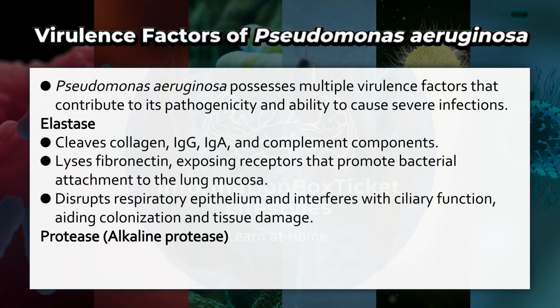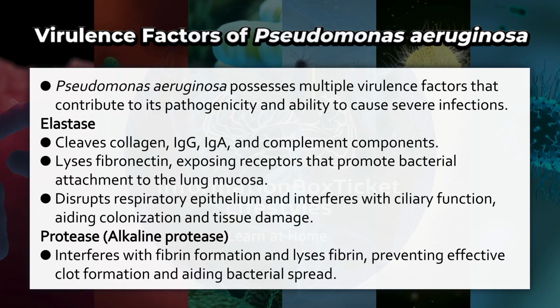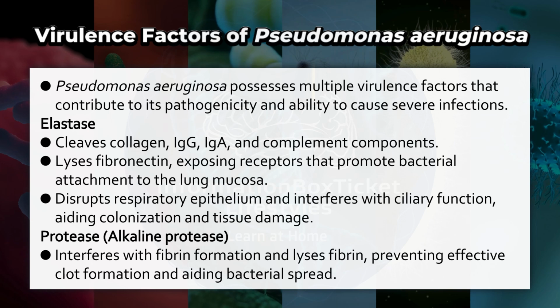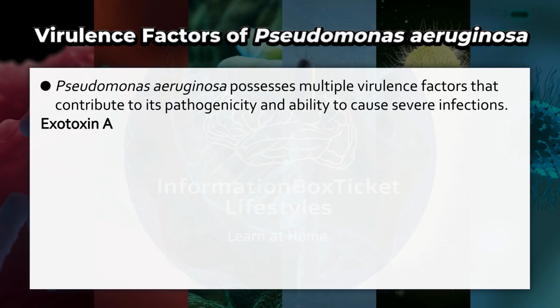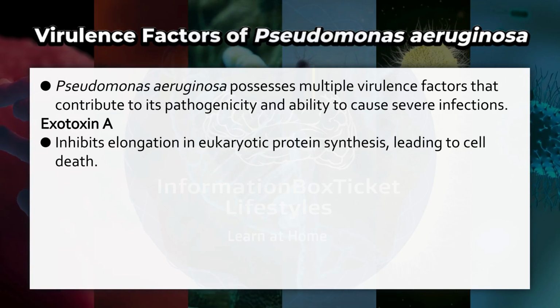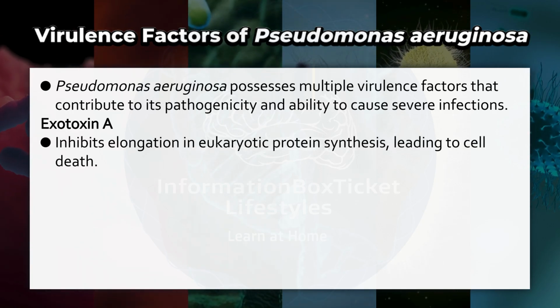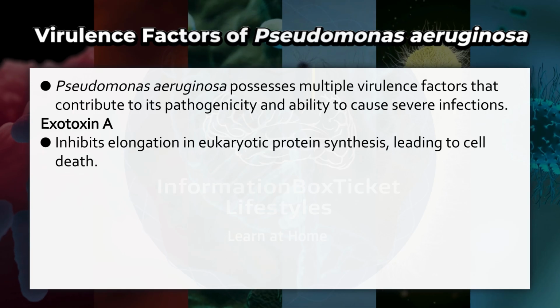Protease, alkaline protease, interferes with fibrin formation and lyses fibrin, preventing effective clot formation and aiding bacterial spread. Exotoxin-A inhibits elongation in eukaryotic protein synthesis, leading to cell death.